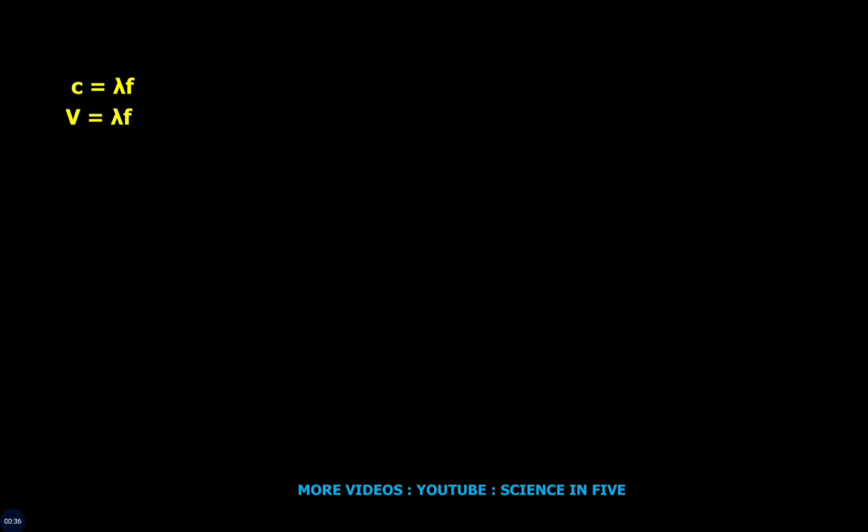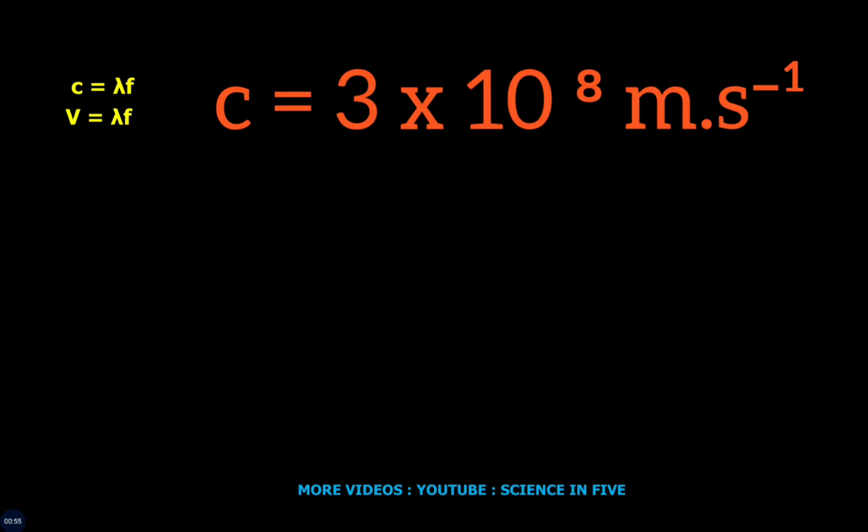This equation c = λf has an alternative form, v = λf. But whenever we talk of electromagnetic radiation, we tend to use the first form, c = λf, where c represents the constant speed of electromagnetic radiation, commonly referred to as the speed of light, 3 × 10^8 meters per second.